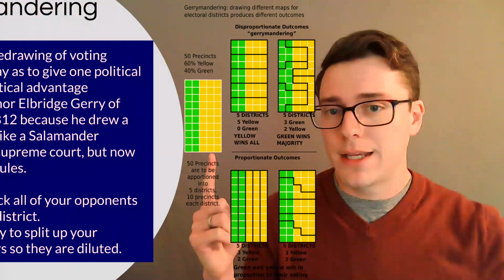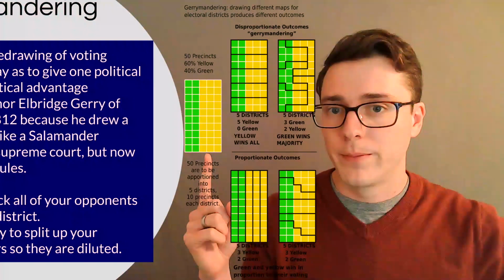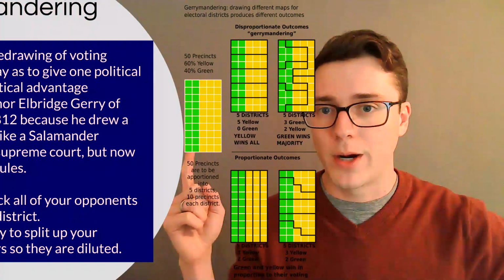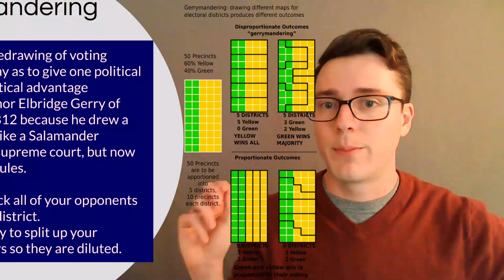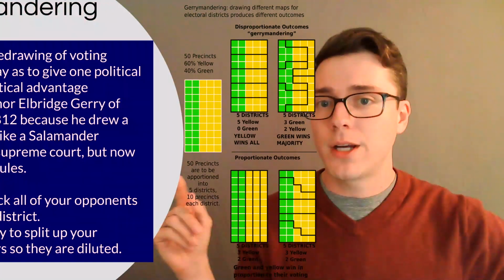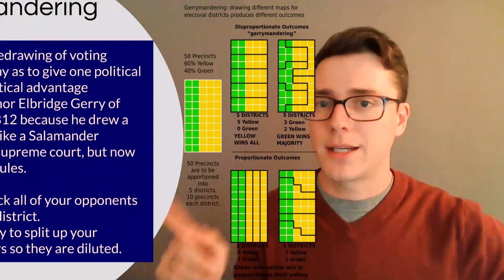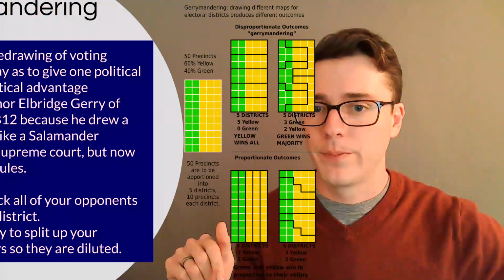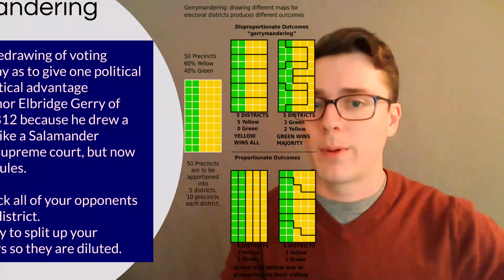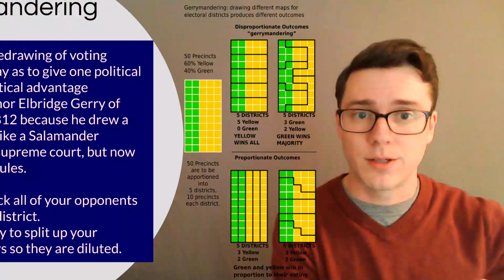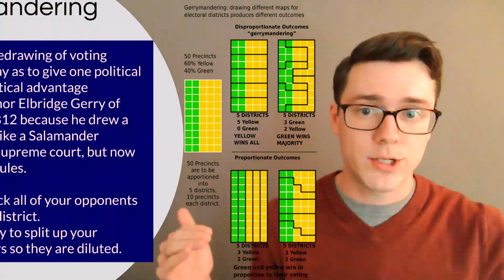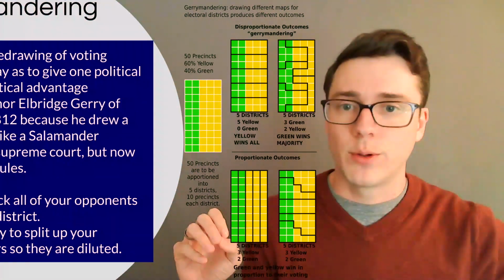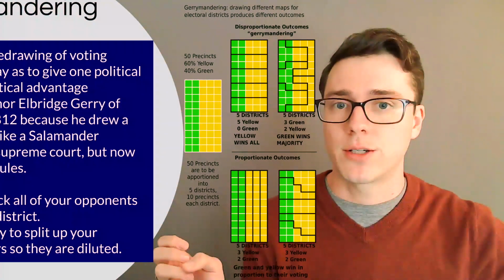So let's look at this district where people live. Let's say these are all neighborhoods, each of the squares, and they're neighborhoods that are represented by their political party. 40% of those neighborhoods are green, and 60% of those neighborhoods are yellow. So it would make sense that you would split them up into 5 equal districts, because the Supreme Court ruled they have to be equal population districts, and then there would be 10 of these neighborhoods in each district.